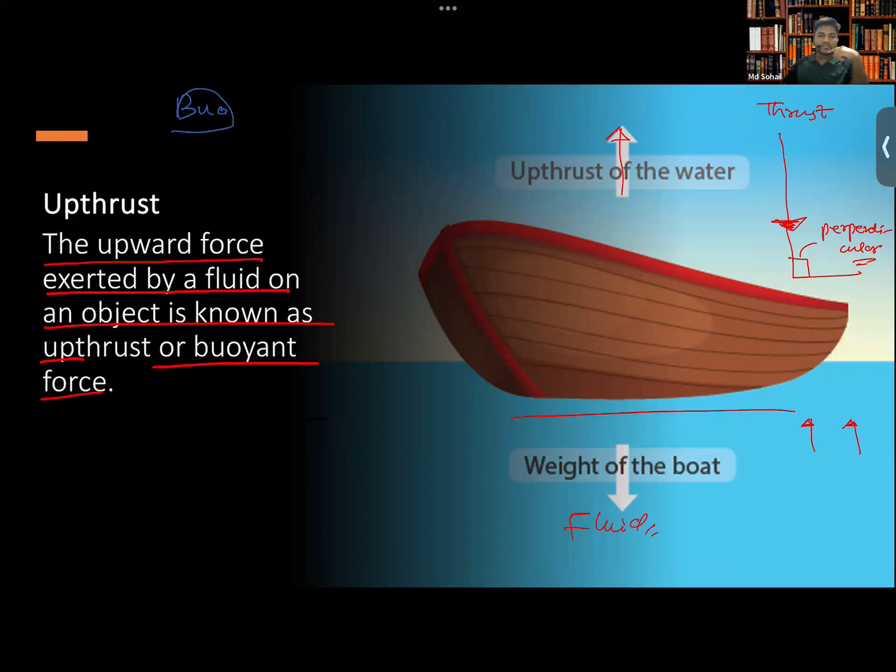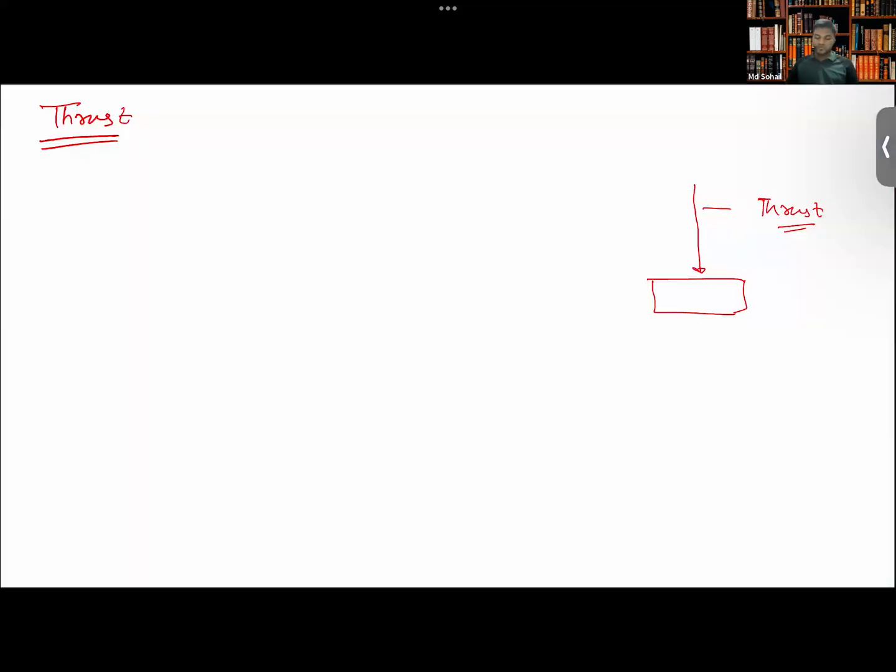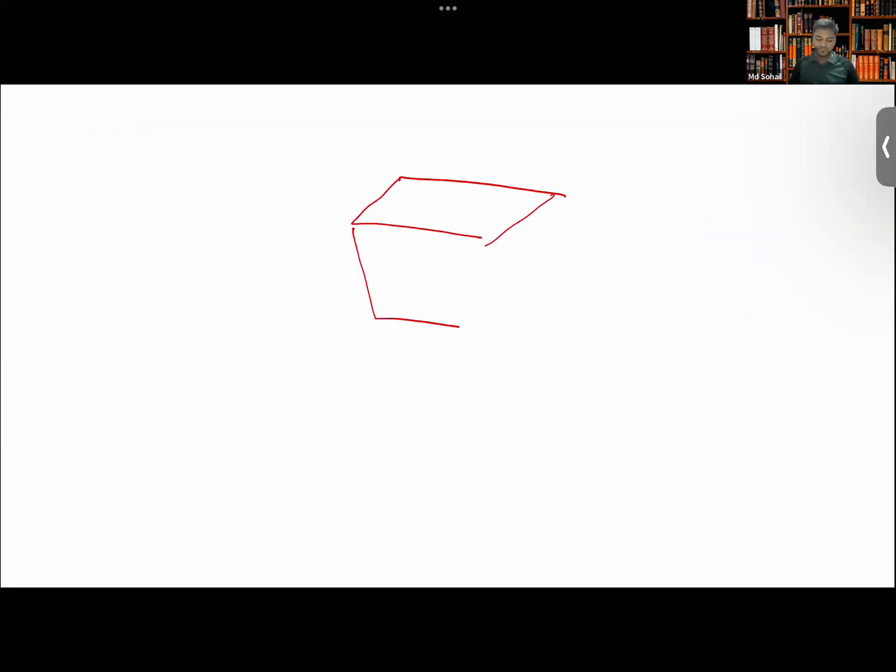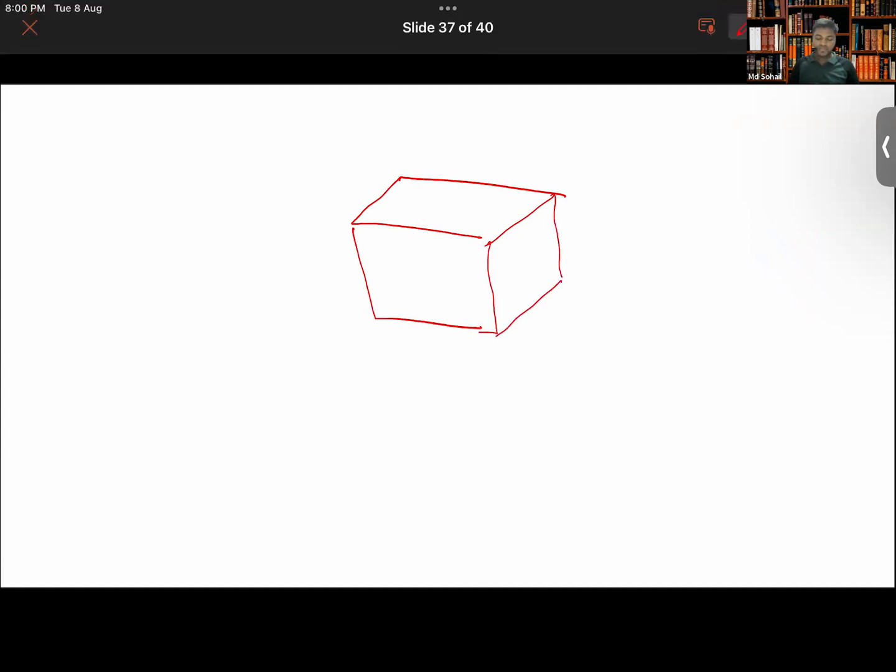Now let's talk about how pressure acts in gases, right? So for example, you have a container here. And we already know that the molecules present in a gas are more free than in solids and liquids. The molecules are free to move in random directions, right?